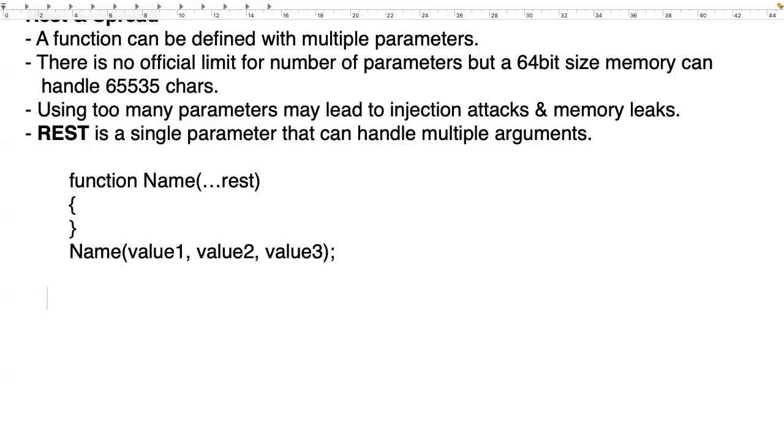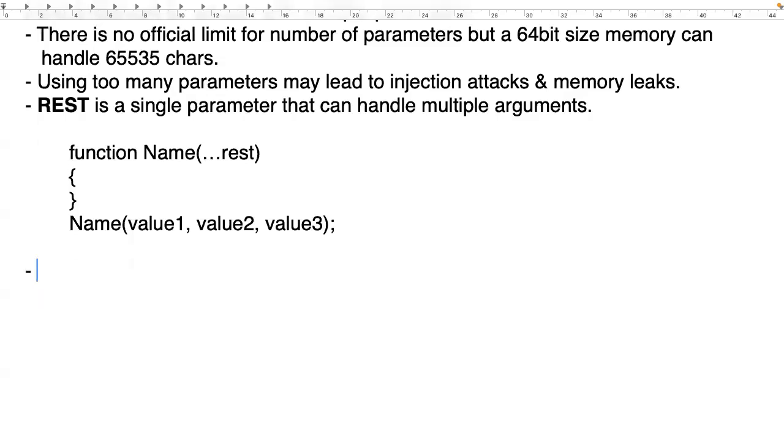Actually, if I am expecting 10 inputs, then I need 10 parameters. But with one parameter, we can handle all 10. That's good. Reducing the number of parameters makes your application a little safer, right? That means one parameter can handle multiple arguments. And very important here is that the rest parameter is an array type parameter.